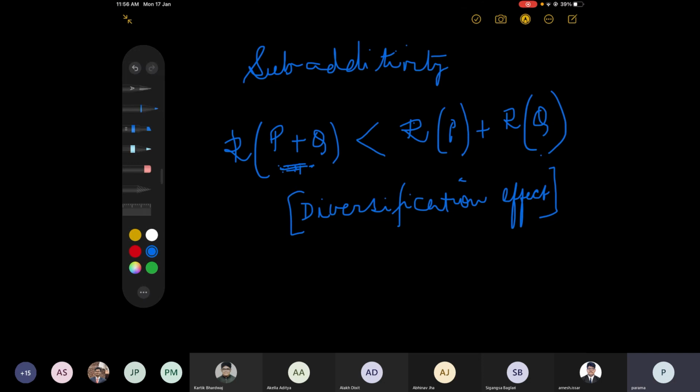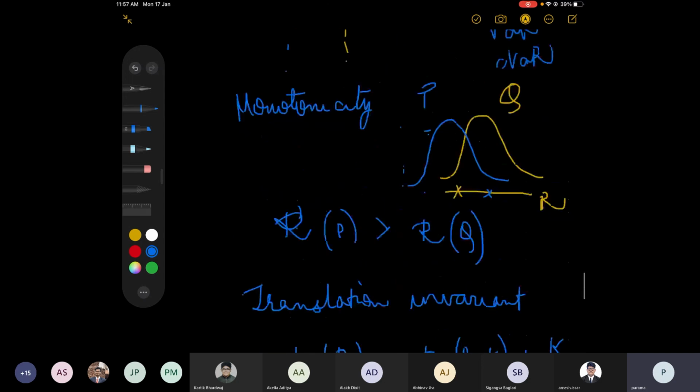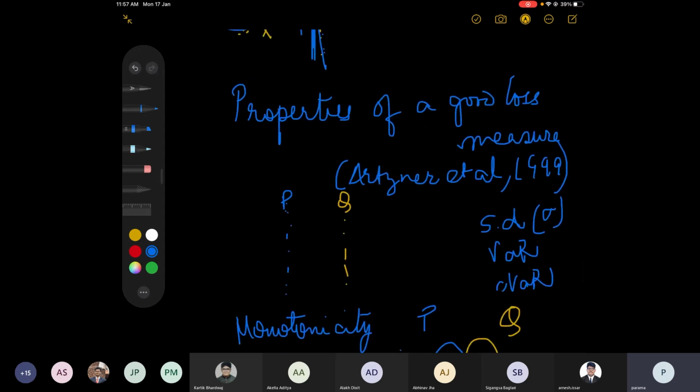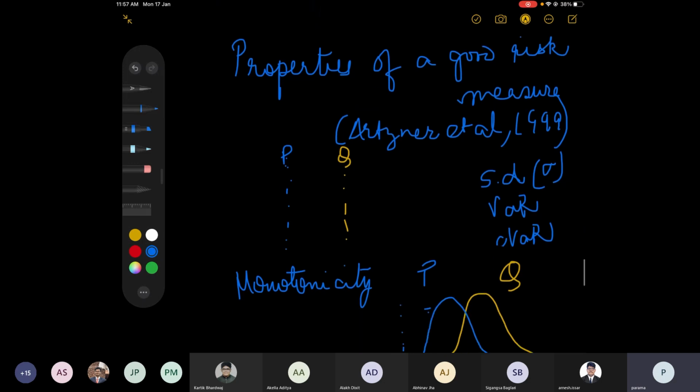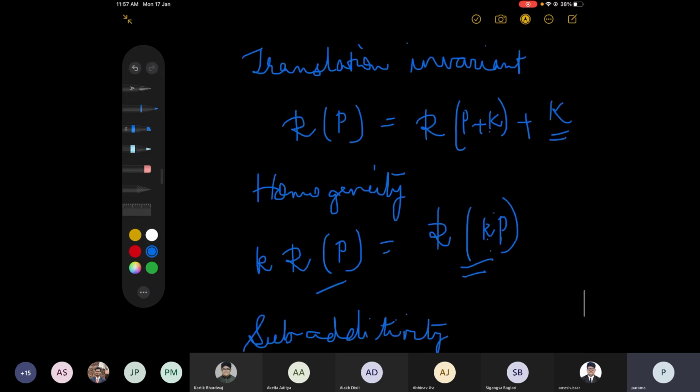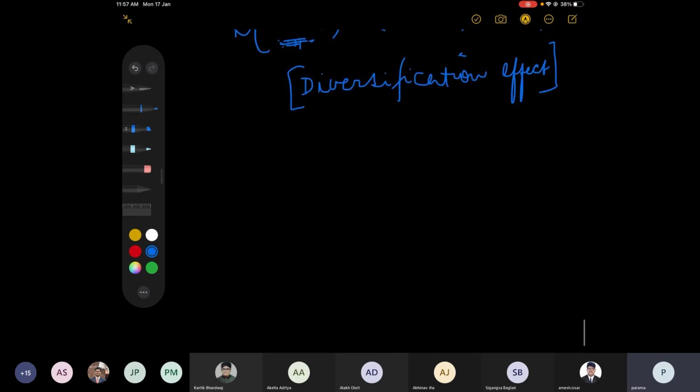Now VaR does not follow this all the time, whereas conditional value at risk follows the sub-additivity property all the time. We will do some problems to demonstrate this tomorrow. These are the properties of a good risk measure given by Artzner in 1999: monotonicity, translation invariance, homogeneity, and sub-additivity.